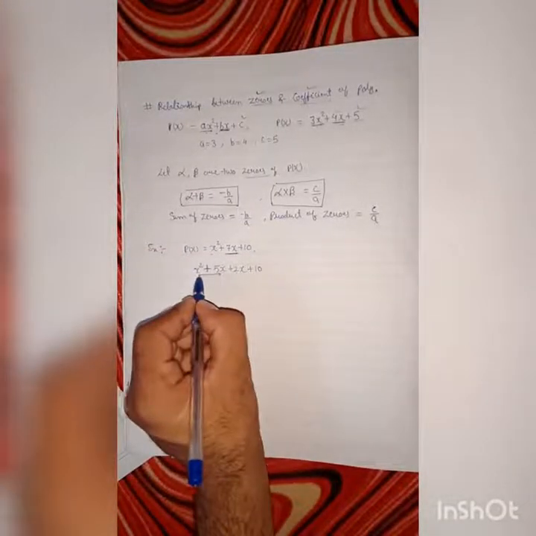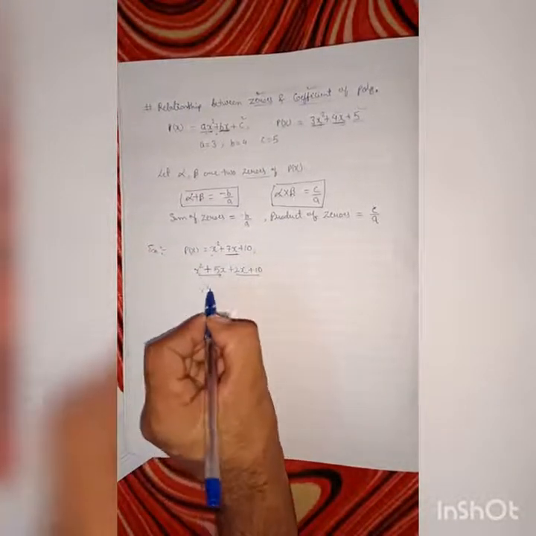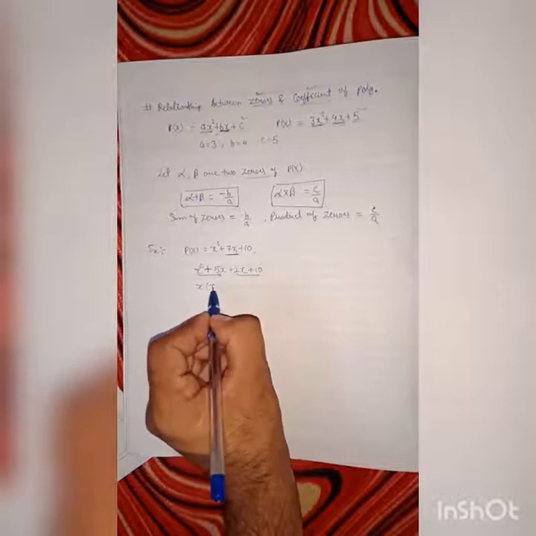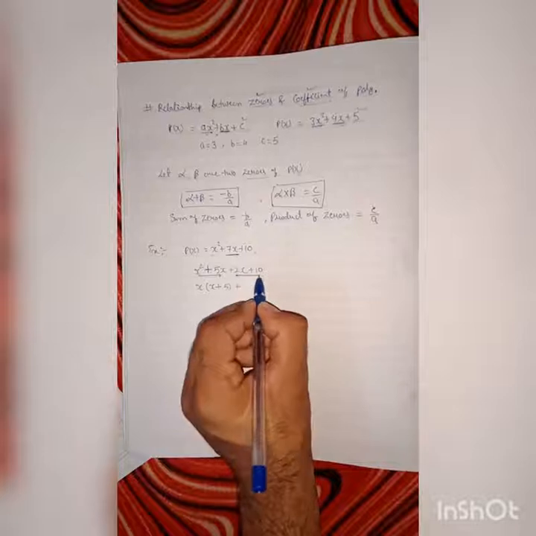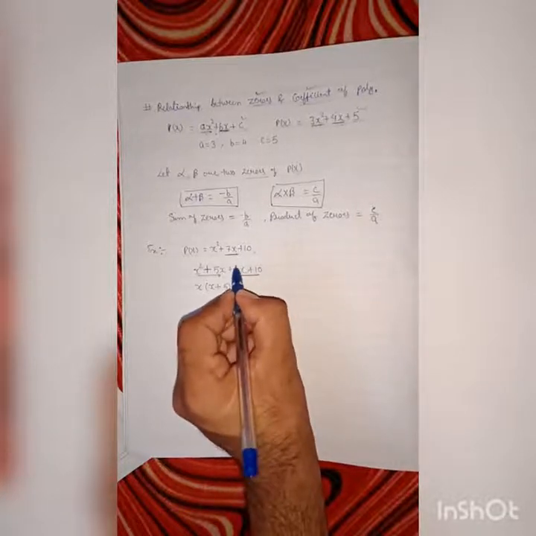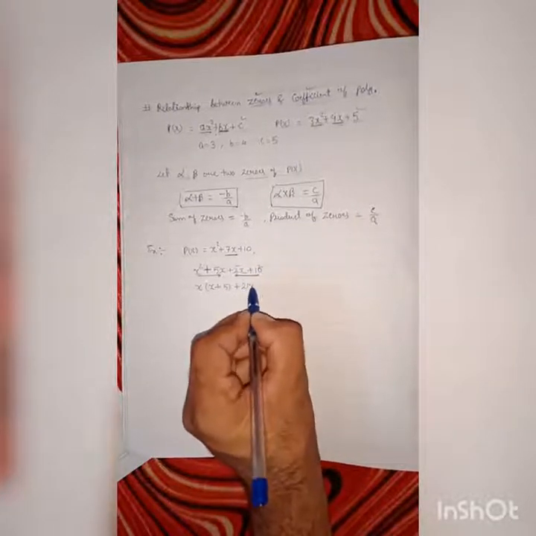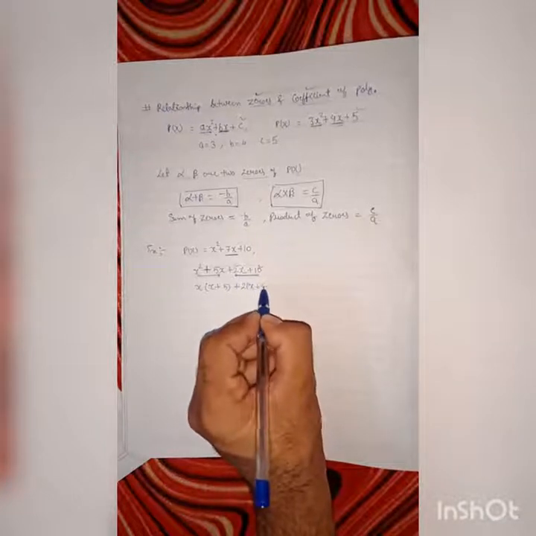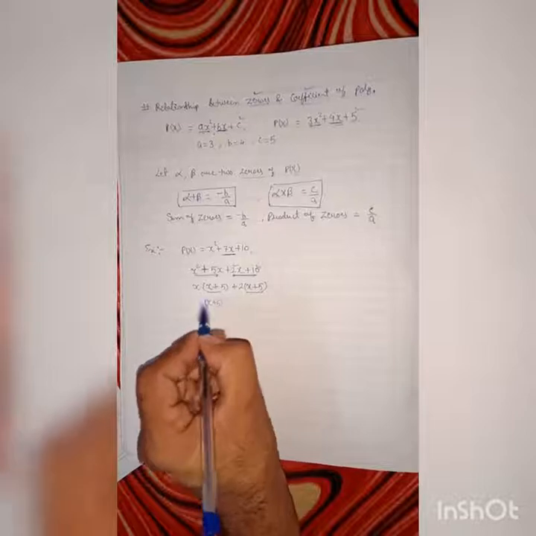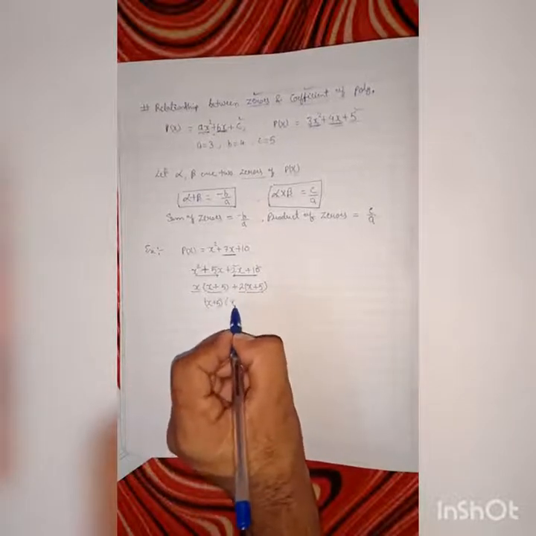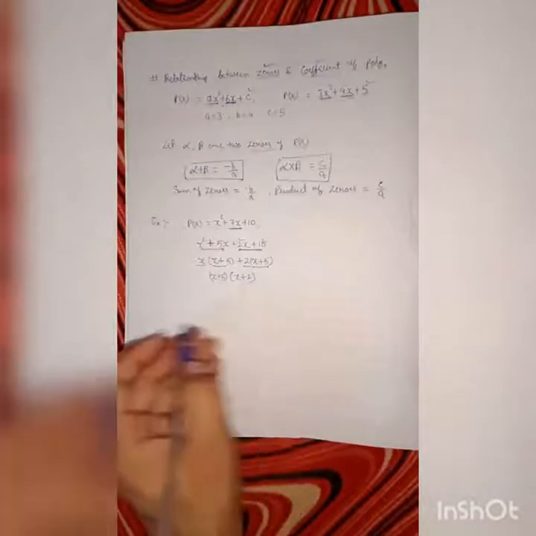Okay, first we'll make their pairs. So first we'll take common x, so x into (x plus 5), and from the second pair we'll take out 2, so here we have (x plus 5), 2 5s are 10. So x plus 5 is common, and the second factor we have is x plus 2.